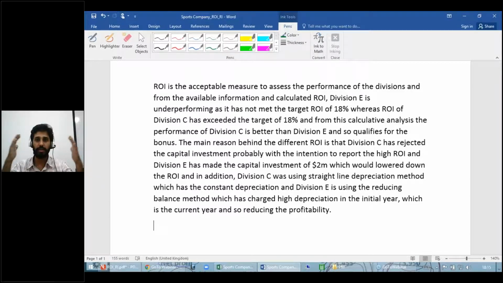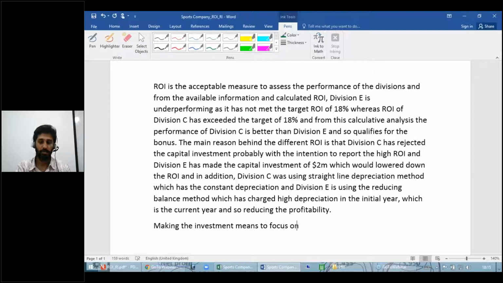They are having the short-termism, right? So making the investment means to focus on the long-term survival, which division C may not be thinking, since it rejected the capital investment.